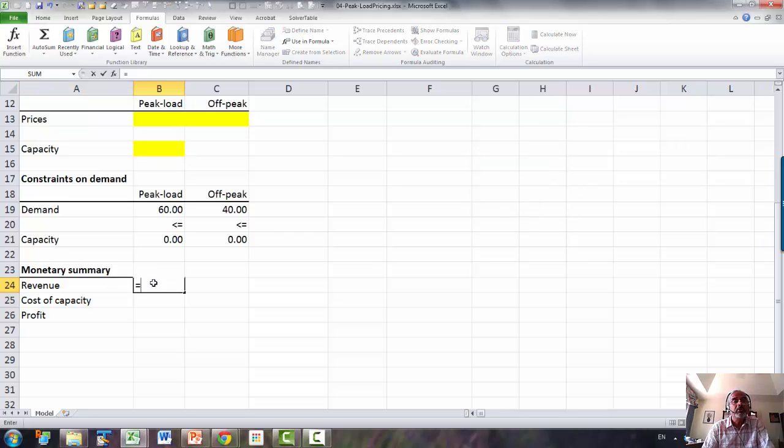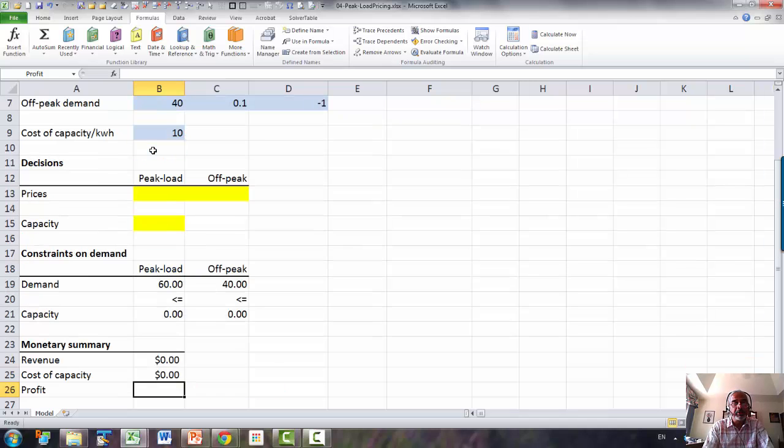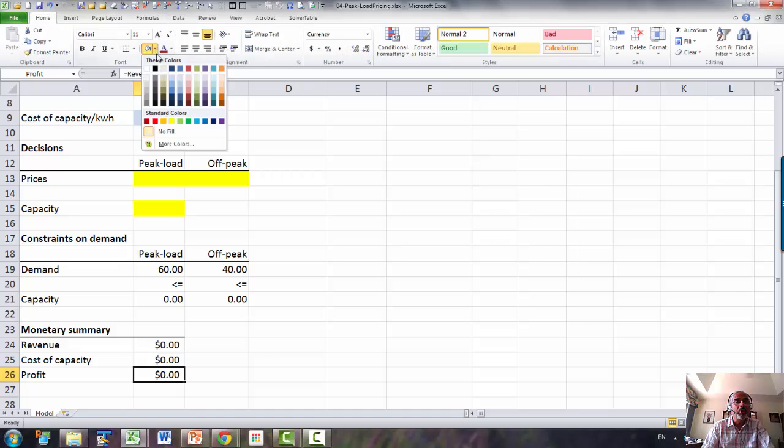So revenue will be sum product of demand with price. And cost of capacity will be how much capacity we're going to build times cost of capacity per kilowatt hour. So we take the revenue minus cost of capacity, and that's our profit, which we want to maximize.